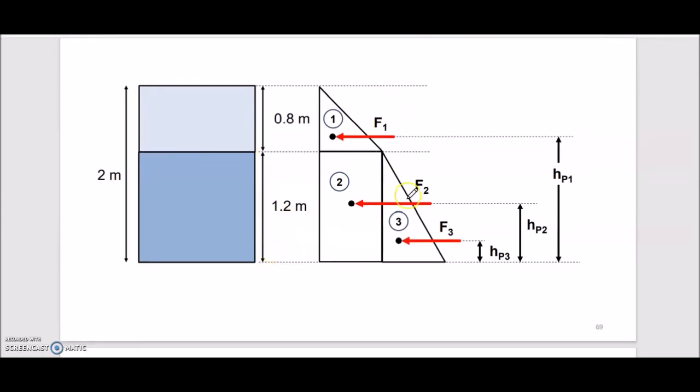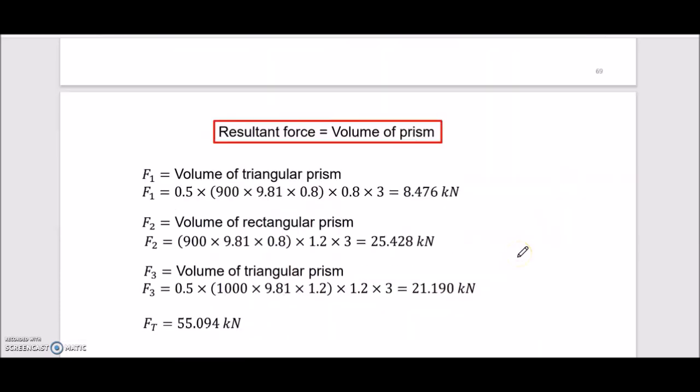So we have 3 forces: F1 acting on the triangle, F2 acting on the rectangle, and F3 acting on the triangle. We have 3 because the tank is immersed in different types of liquid, so we also have 3 different pressure heights.